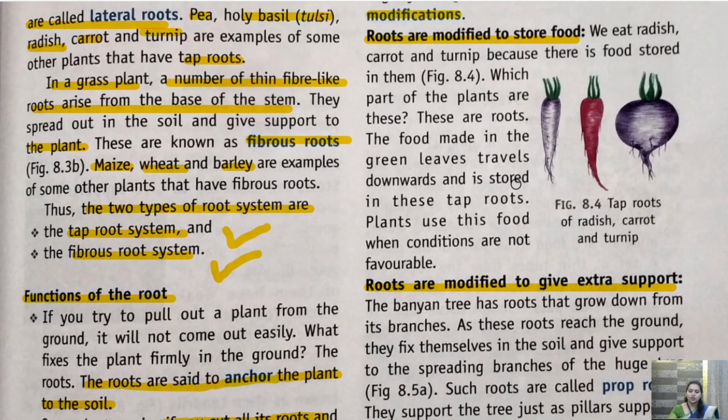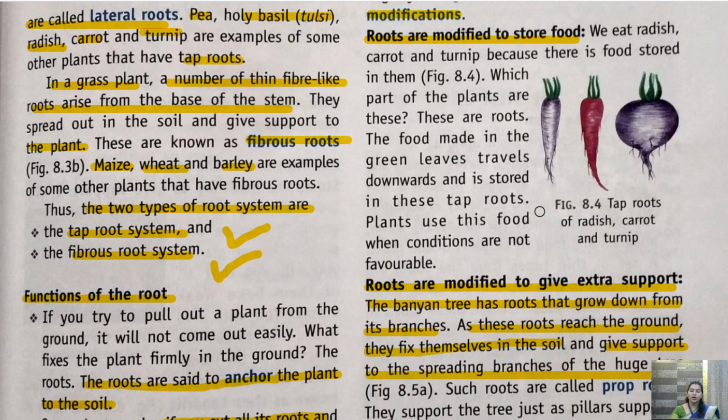So the banyan tree has roots that grow down from its branches, as we have seen in the figure. As these roots reach the ground, they fix themselves in the soil and give support to the spreading branches of a huge tree.